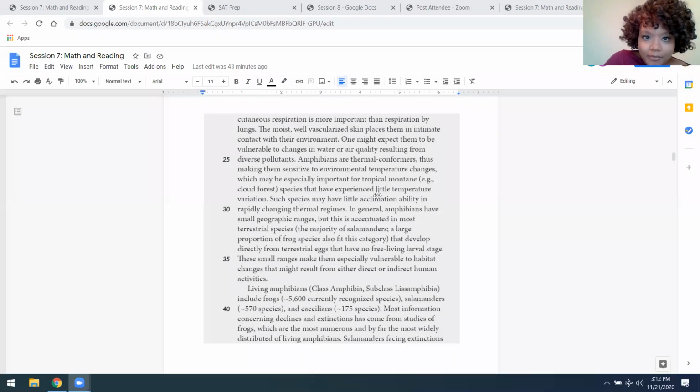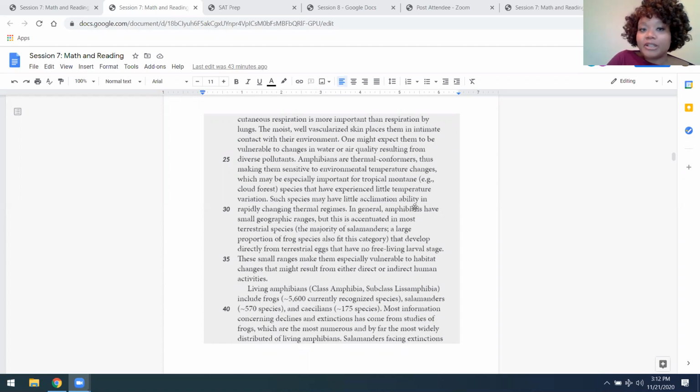So I'm going to read it without the word acclimation, just in case we didn't know what that meant. I'm right here at line 29. Such species may have little, cross out, ability in rapidly changing thermal regimes. So right there, even though I lost a piece of the meaning of that sentence, I got an idea. They have little something ability.